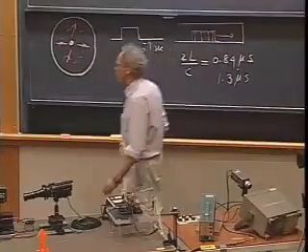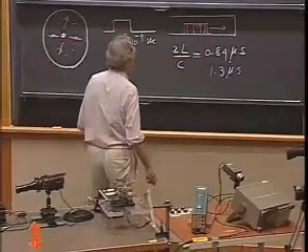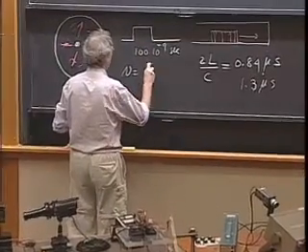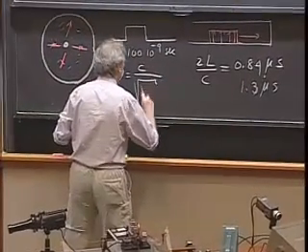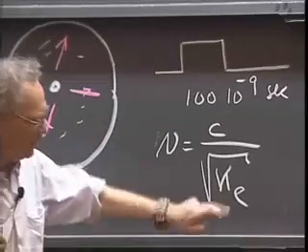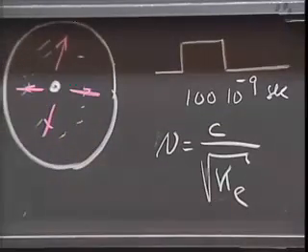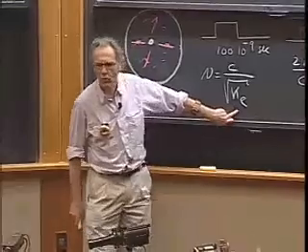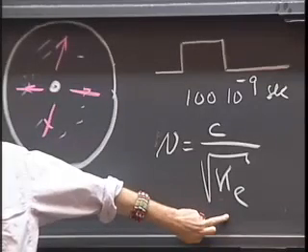Do you remember, or do you not, that we discussed that the speed of propagation v is c divided by the square root of the dielectric constant? Do you remember that? I did at one point. I even showed you how this dielectric constant is a strong function of frequency for water.